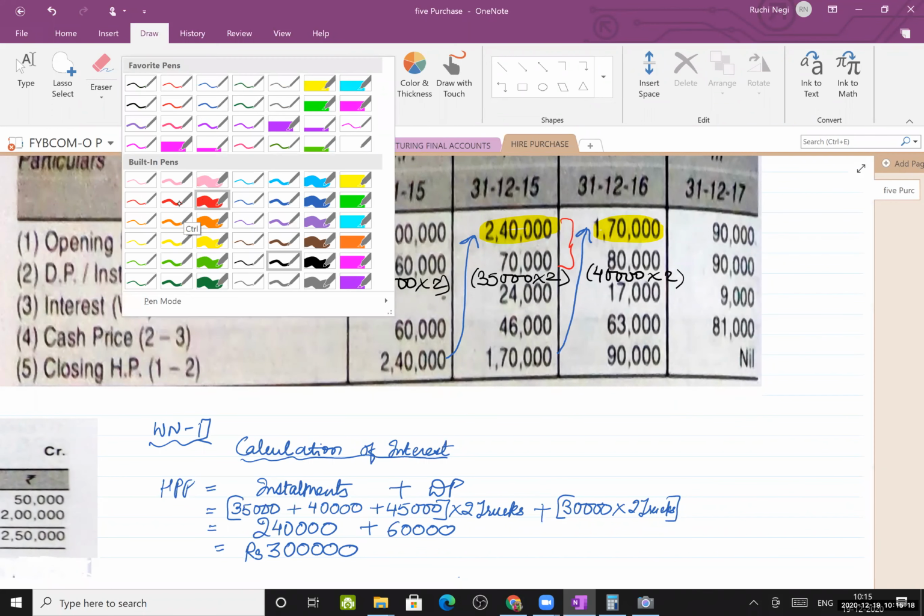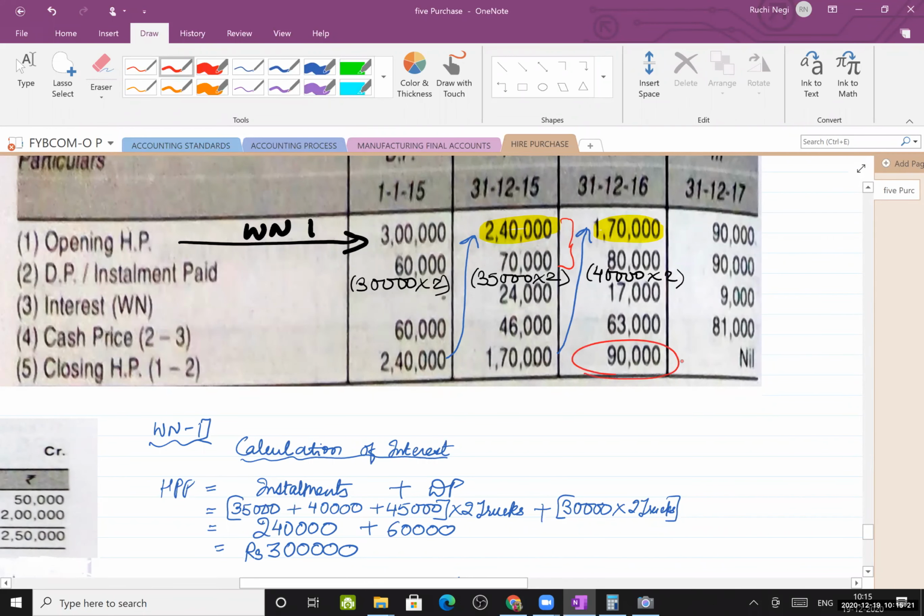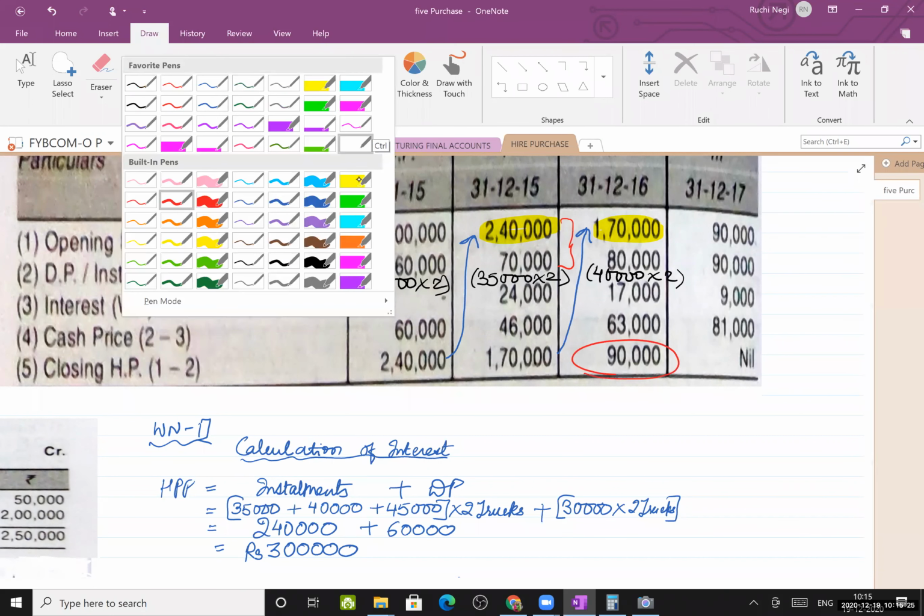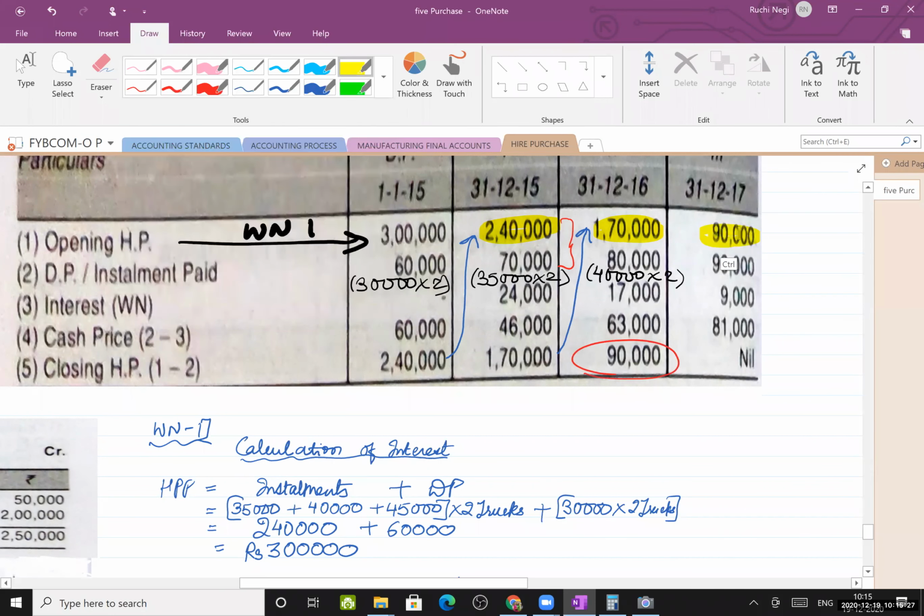Okay, so your next answer is 90,000. This 90,000 will become opening. ये रहा इधर. ये सब भूलना मत. Very important.